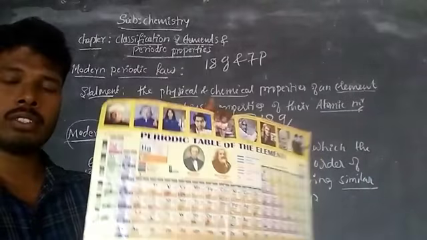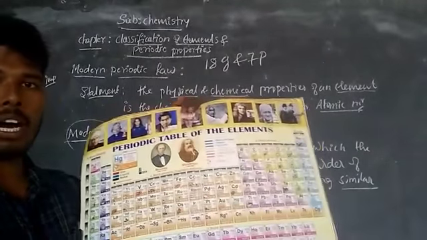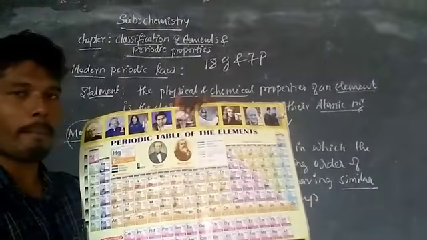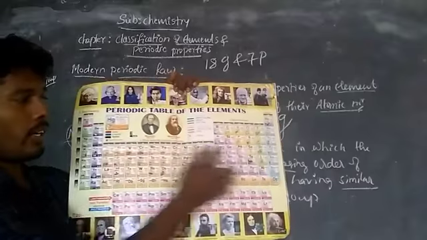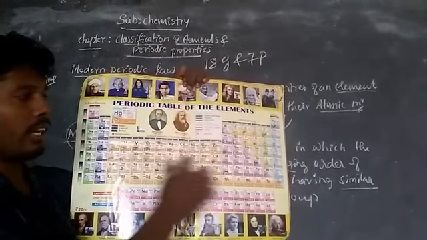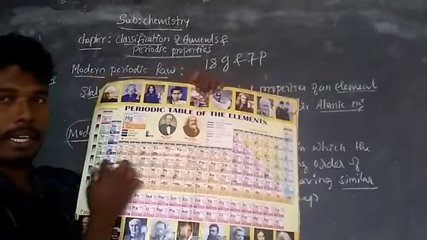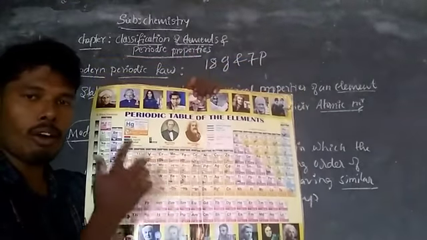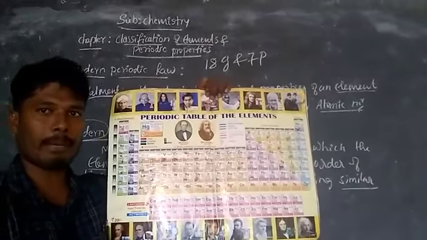So listen, this is the modern periodic table, or we also call it the long form periodic table. Long form because there are a number of elements in each period. One period ಅಲ್ಲಿ ನೋಡಿದ್ರೆ ತುಂಬಾ ಎಲಿಮೆಂಟ್ಸ್ ಇದೆ. ಅದಕ್ಕೆ ಏನಂತ ಕರಿತೀವಿ ಅಂದ್ರೆ ಲಾಂಗ್ ಫಾರ್ಮ್ ಪೀರಿಯಾಡಿಕ್ ಟೇಬಲ್ ಅಥವಾ ಮಾಡರ್ನ್ ಪೀರಿಯಾಡಿಕ್ ಟೇಬಲ್ ಅಂತ ಕರಿತೀವಿ.